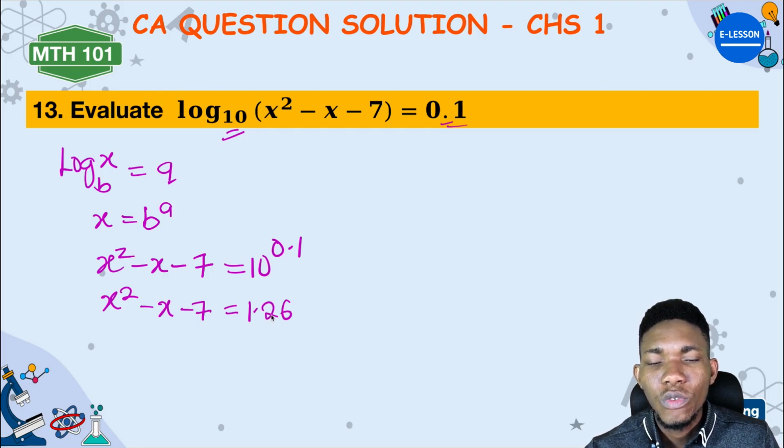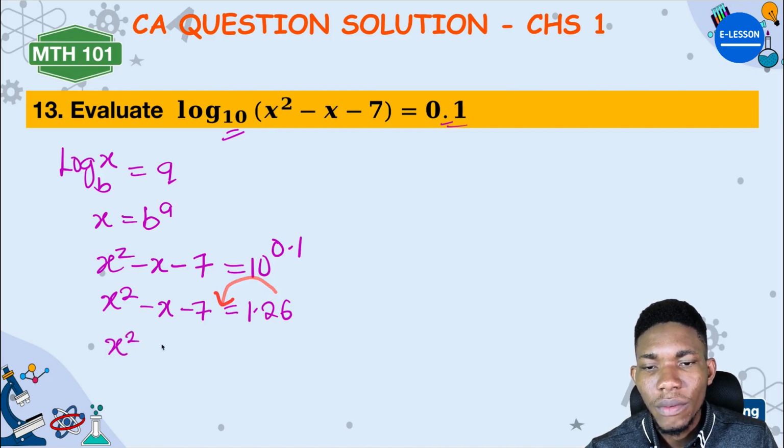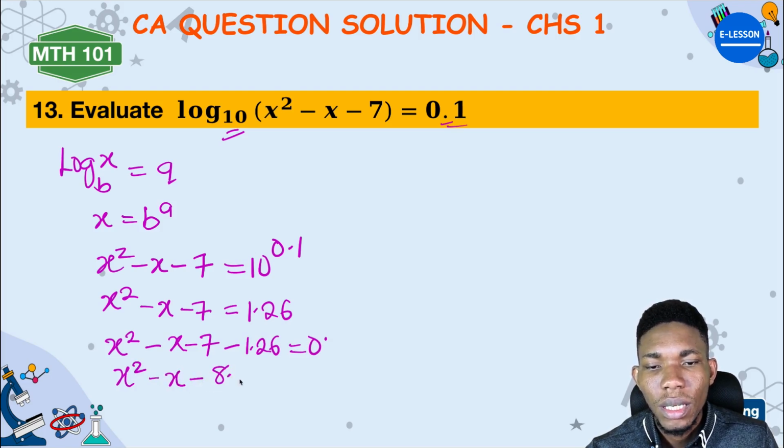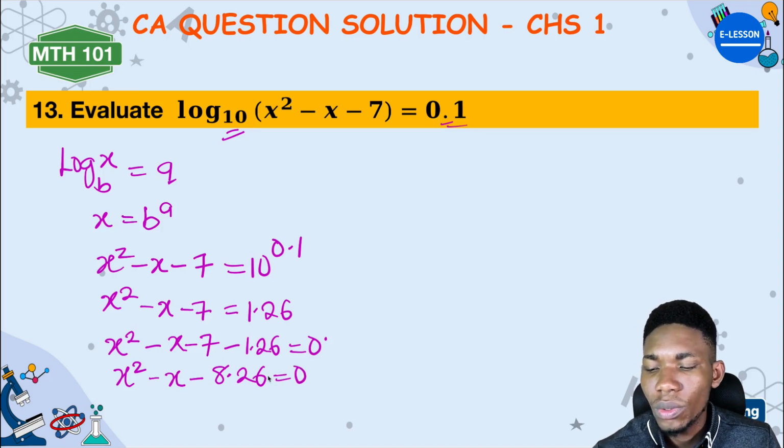Now, for us to form a quadratic equation, this 1.26 we have to cross to this side. If 1.26 crosses, what are we going to have? x squared minus x minus 7 minus 1.26 is equal to 0. So x squared minus x minus 8.26 is equal to 0.